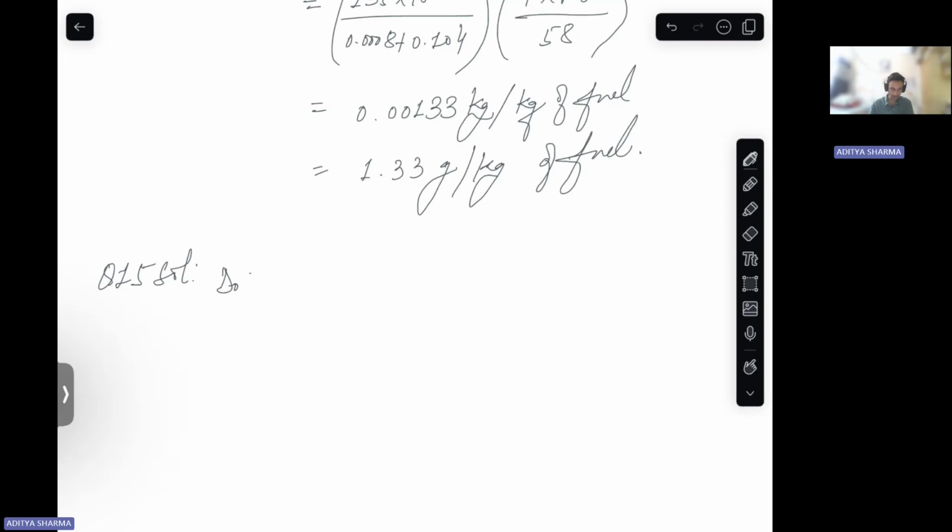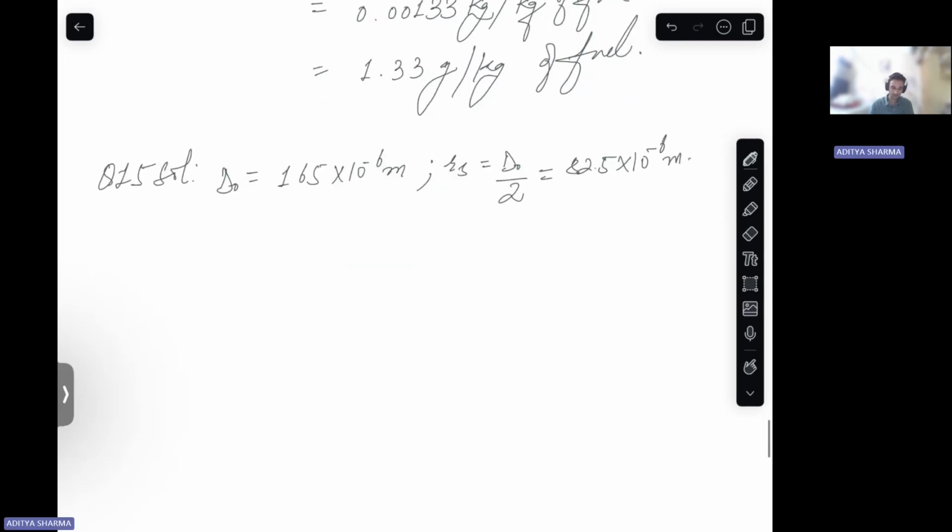So D naught is given as this. Then radius at the surface of the droplet becomes half of this. Then your enthalpy of combustion is this, kilojoule per kg.